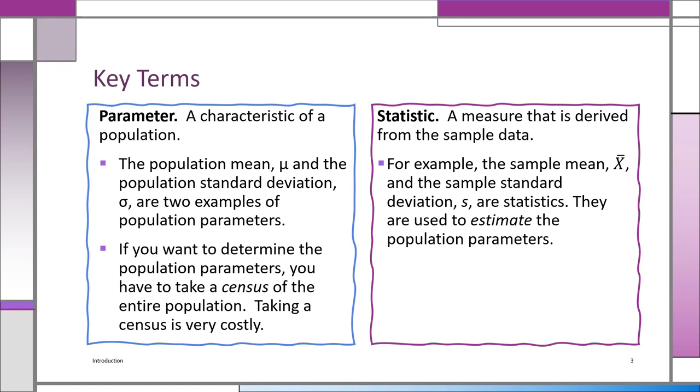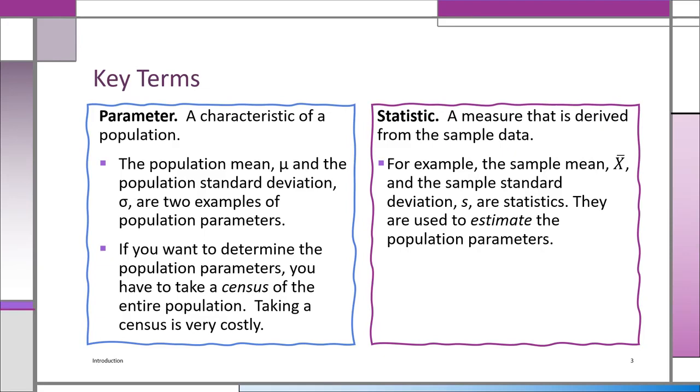We actually examine the sample mean called X bar. X bar is a sample mean. And the sample standard deviation we call S. S is the sample standard deviation. And those are called statistics. Those are estimates. We use them to estimate the parameters.